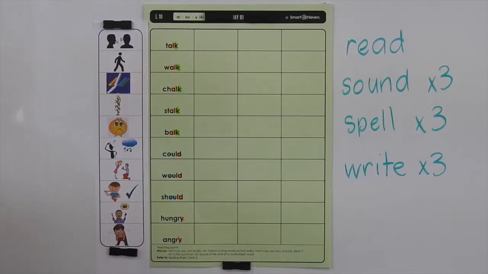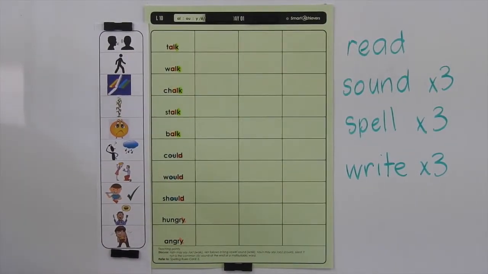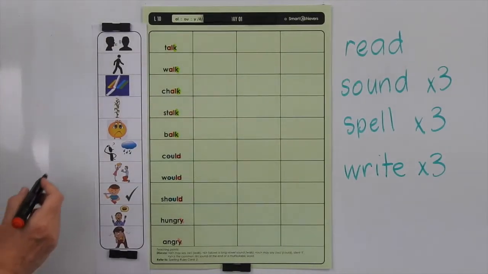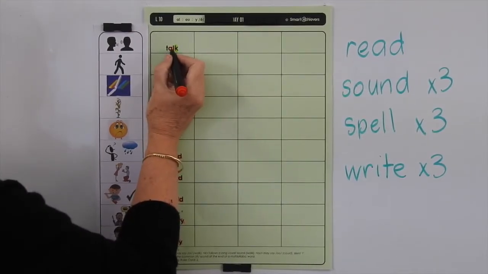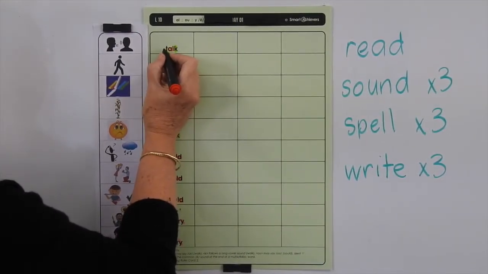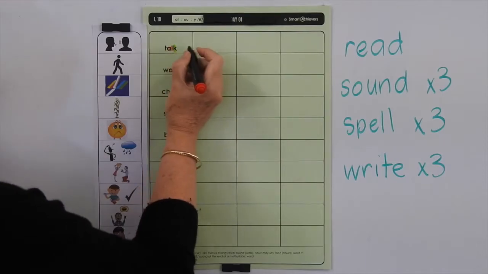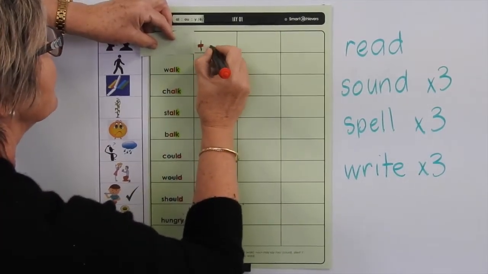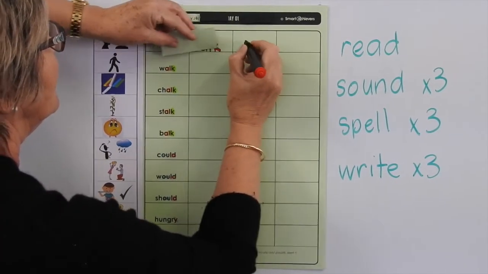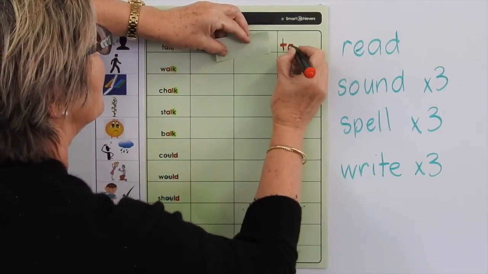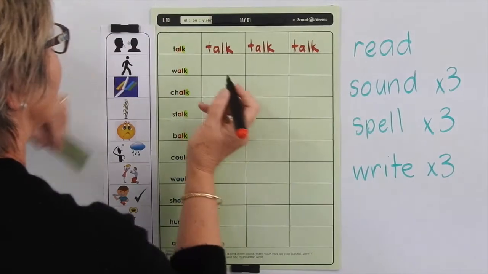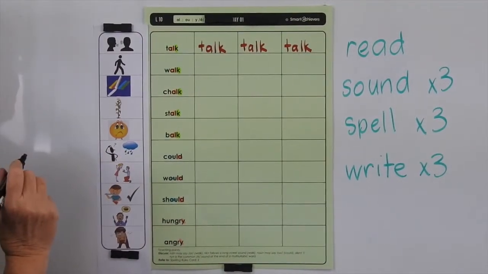So let's read those words, sound them and spell them. Get your little bit of paper ready to cover it with. So we've got talk, T-A-L-K. Let's write it, T-A-L-K, T-A-L-K, T-A-L-K. Okay, and then check to make sure that you've spelt them correctly.